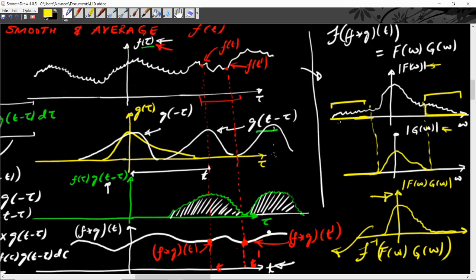So you can have negative frequencies that have higher magnitude, and of course the positive frequencies. So multiplication in frequency domain gets rid of the high frequencies, and therefore we end up with a smoother signal.